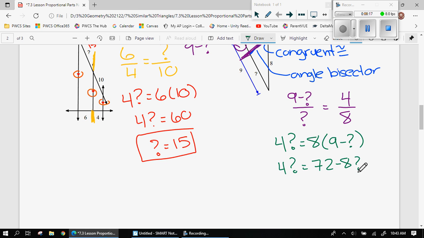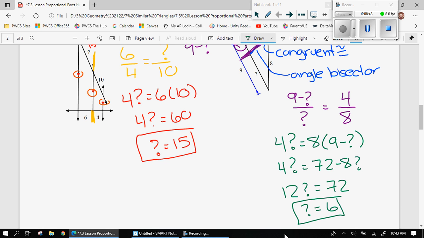I'm going to add 8 question mark to both sides. If you feel more comfortable calling this x instead of question mark, you can just change them all to x's because that's what we're typically used to seeing. So add 8 to both sides, I get 12 question mark. Divide both sides by 12, and I'm going to get 6.